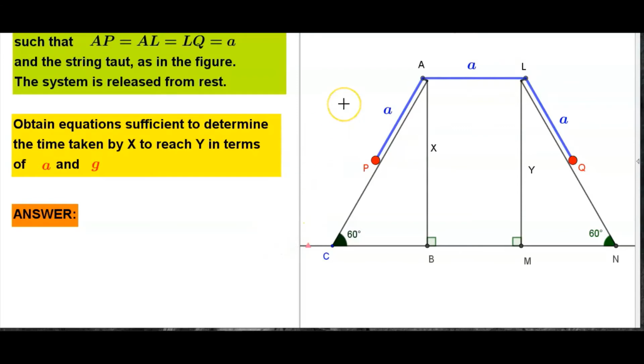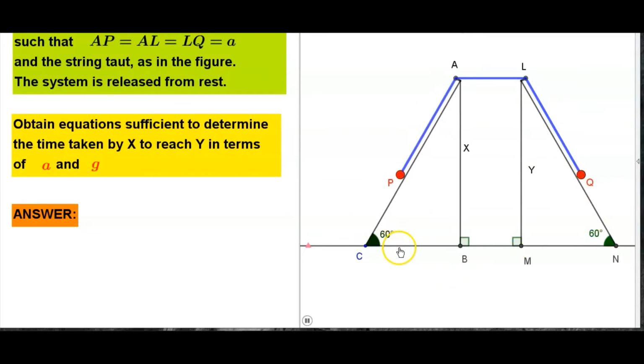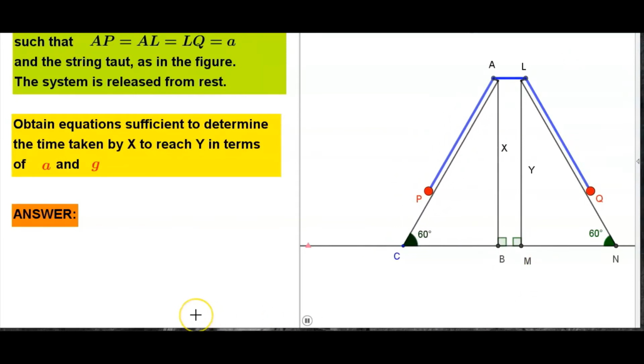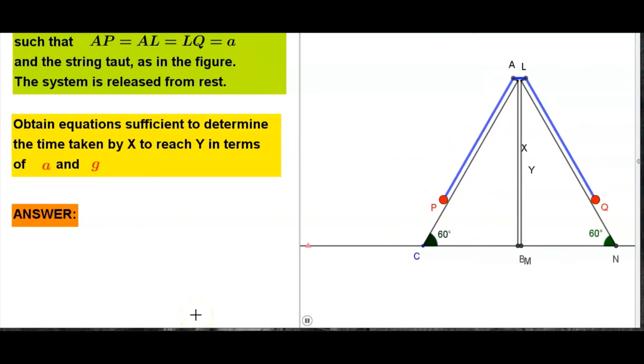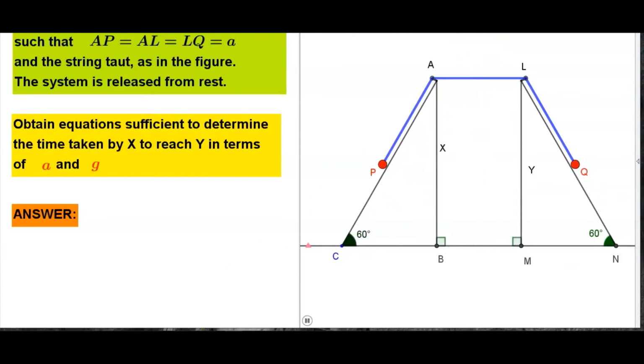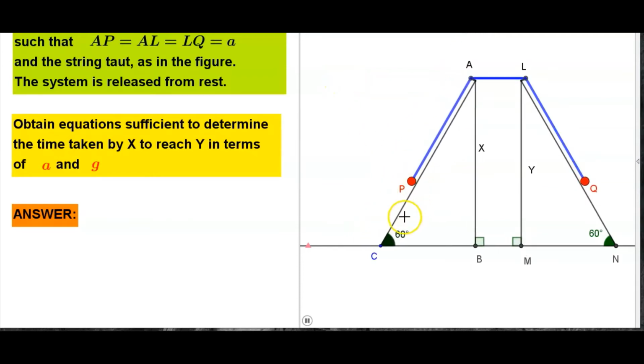Now observe the motion. When the particles are released from rest, the motion will be as shown. This wedge moves toward Y, this particle moves down, here also down. The particle moves down relative to this wedge.